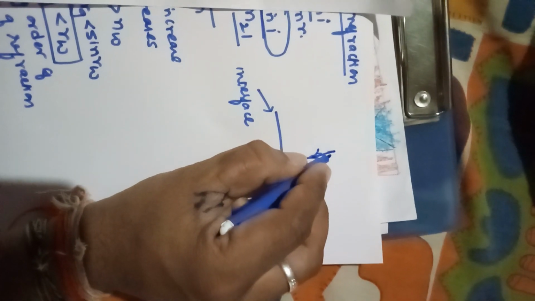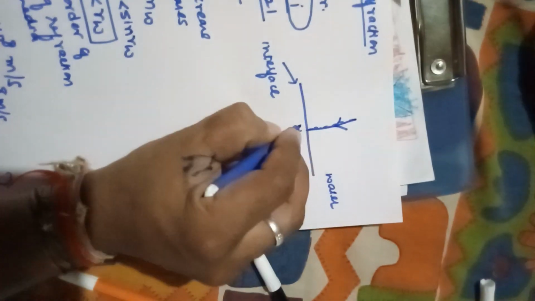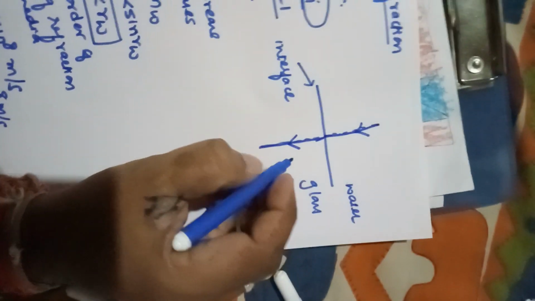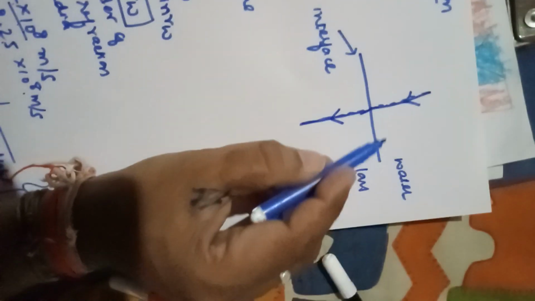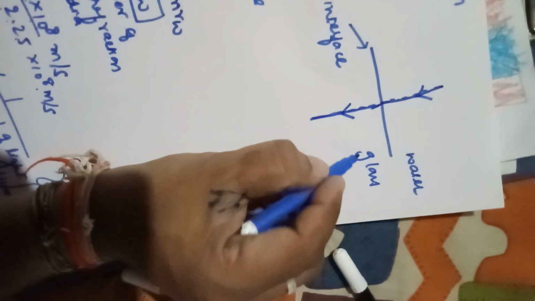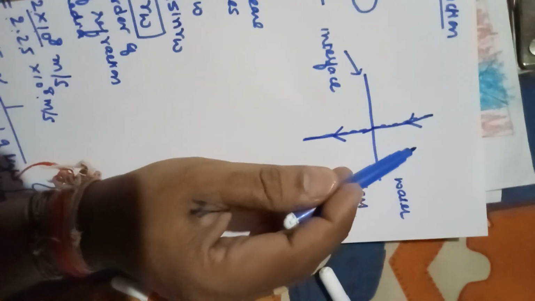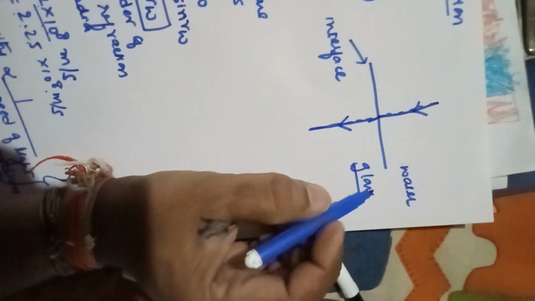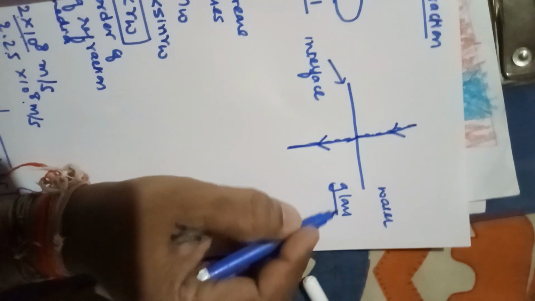So whenever a ray of light is incident normally, it goes straight, it does not bend. Its speed will change, but its direction will not change in the second medium. So in this case, the second medium is glass. Whenever a ray of light is incident normally, the direction of light in the second medium, in this case glass, will not change.